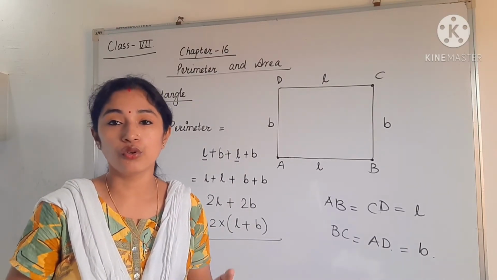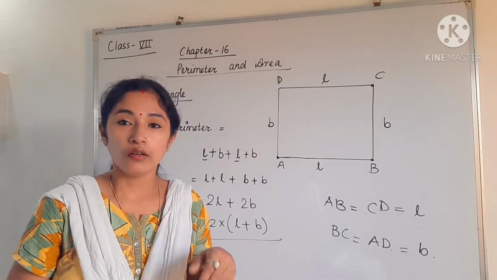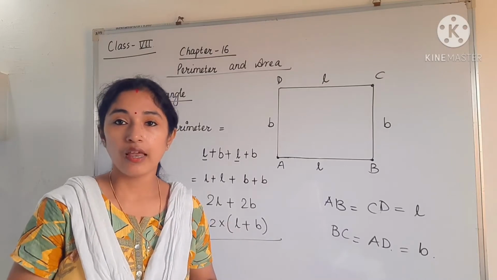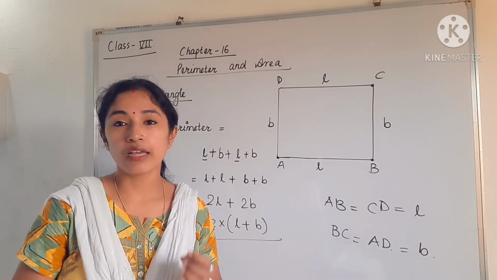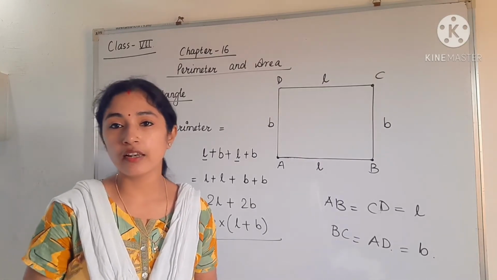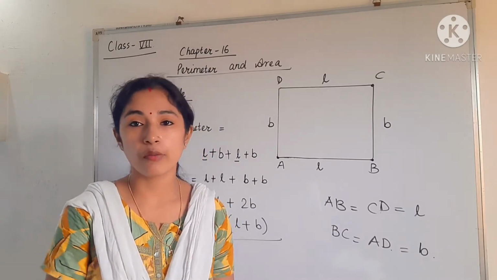So what we have to do? If we want to find the total distance covered, what we have to find? First of all, we have to find the perimeter, and then you have to multiply the number of rounds with the perimeter. By that way, we can easily find the total distance covered by us.